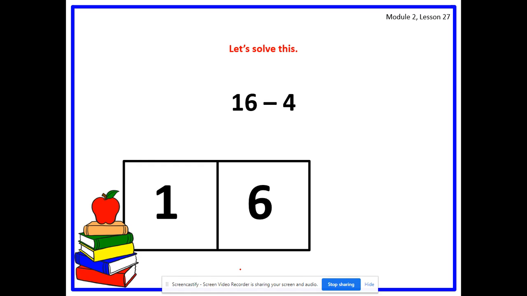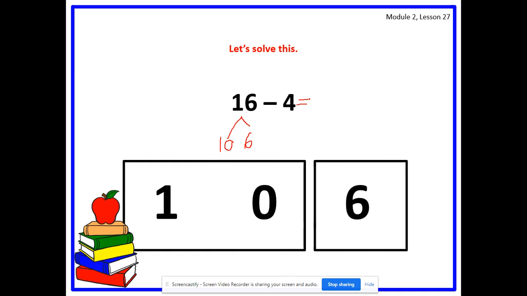Now let's solve this. Go ahead and write 16 minus 4. Ready? So we decompose 16 into what two parts? Get ready. Yes, 10 and 6.